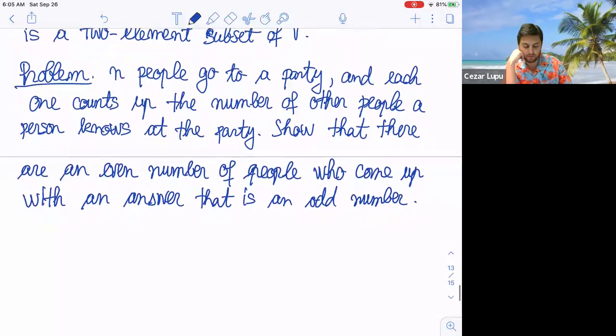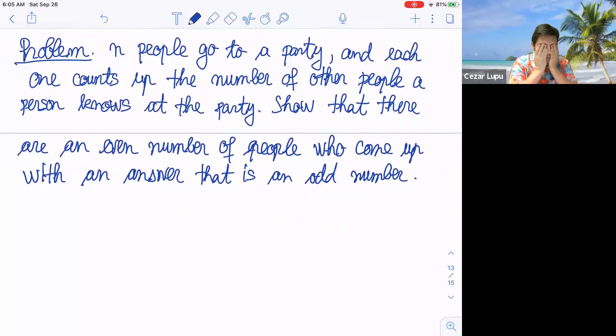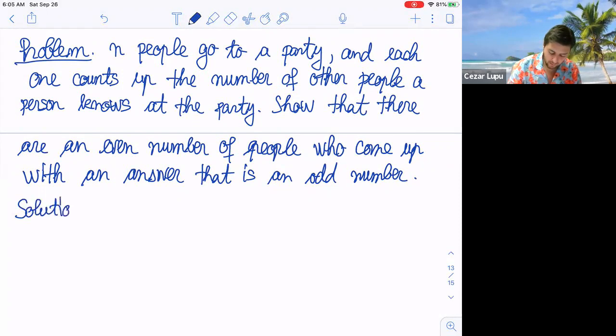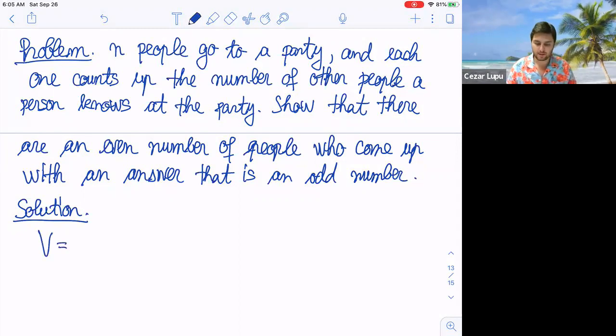Let's look at the problem. Let's think of it. How would we approach this? So let's model this. Let's transform this problem into a graph theory problem. Now, how are we going to do it? We'll let V, the set of vertices, be the set of the n party goers.